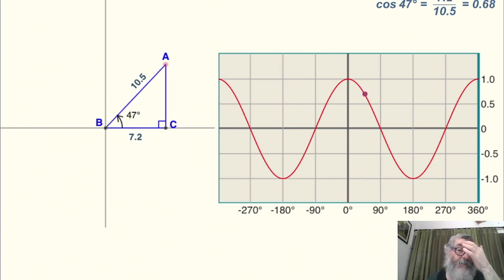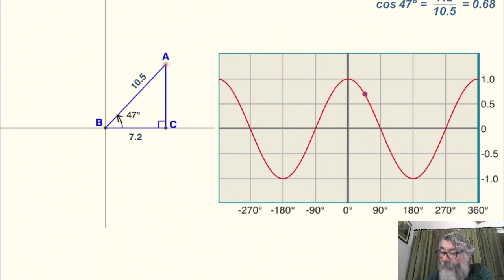Cos theta is base upon hypotenuse. The base is decreasing and the hypotenuse is constant, so the values are coming down.